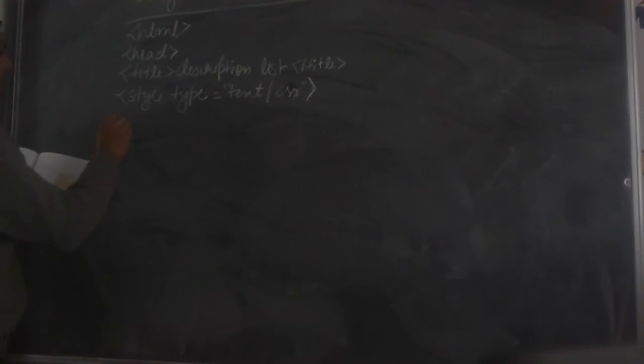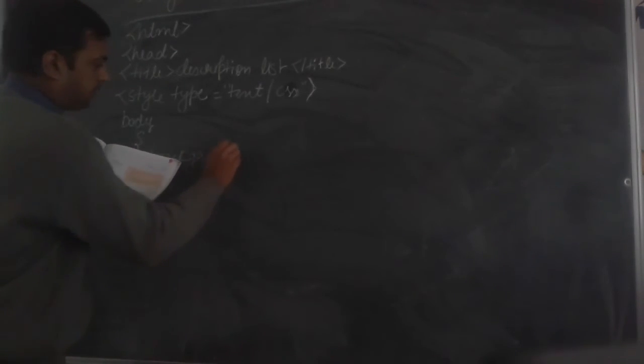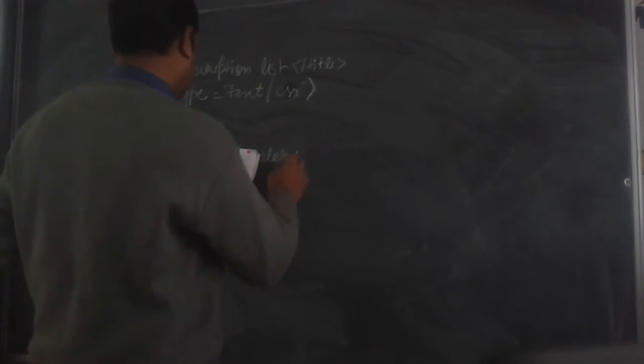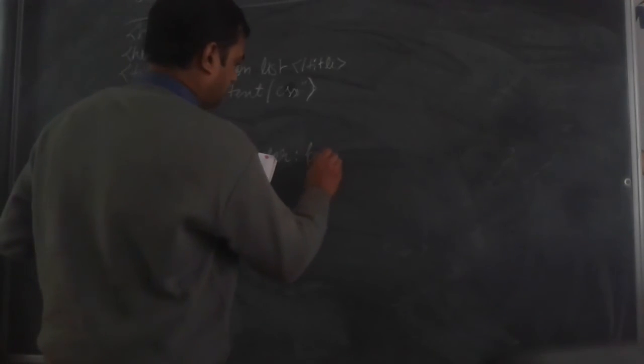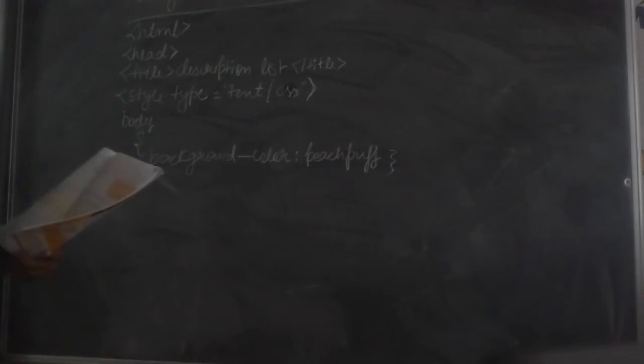In this style I am giving dt and then curly bracket, then background, in body I am giving background color peach, and close this curly bracket.